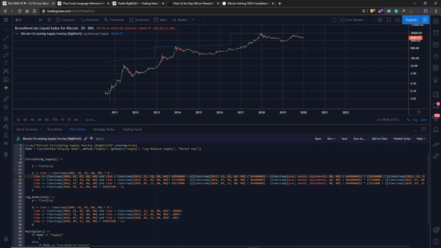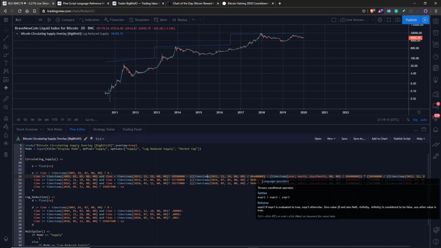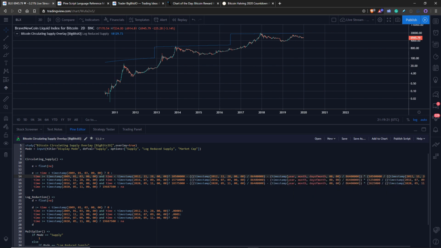Like I said, it's a really long integer, so every day's worth of time in a Unix timestamp is 86.4 million. So when we divide the timestamp by that amount, we get the number of days in Unix. Then we can subtract the current date using that same timestamp function divided by 86.4 million to get the Unix days, and we can see how far back from the upcoming halving, which we passed in here, we currently are.